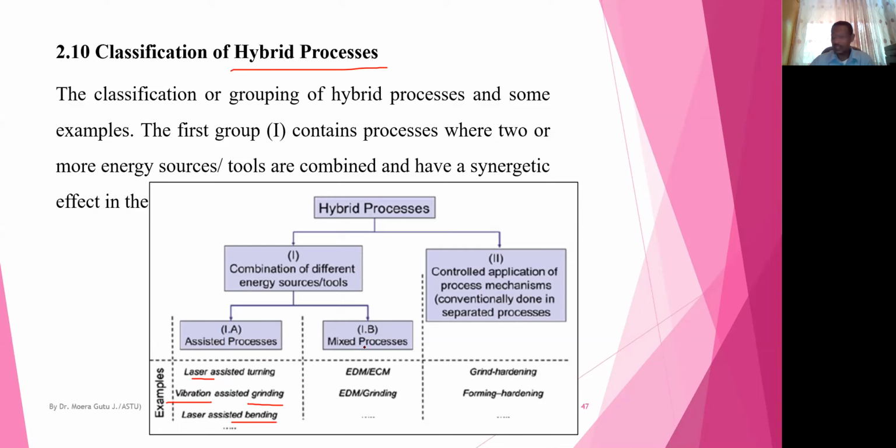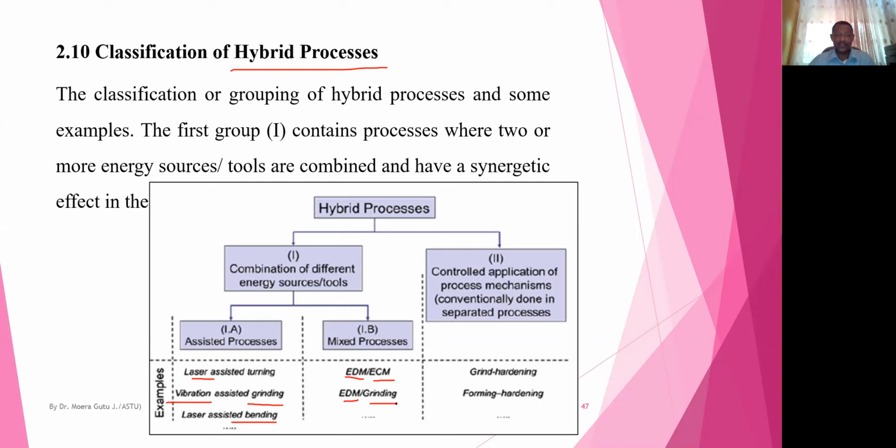The second one is mixed processes. For mixed processes you can use two machining processes together: electric discharge machining and electrochemical machining together, or electric discharge machining with a grinding process.